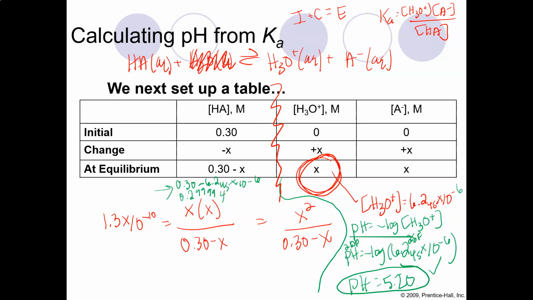If I round that back to two decimal places or two significant figures, isn't it 0.30? So what that means is this x value is so tiny that taking 0.30 minus x is really just 0.30. X is so small that when I subtract it, I don't see a change in the number when I apply significant figures.